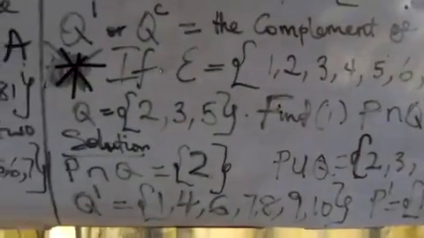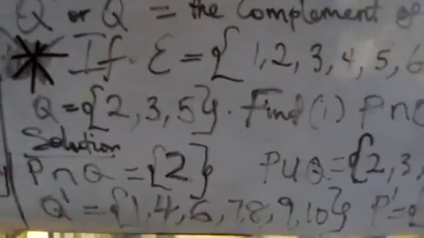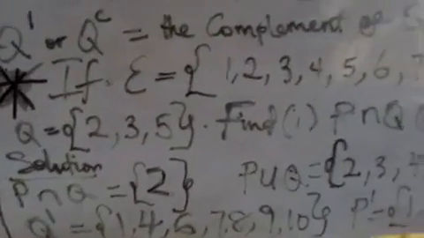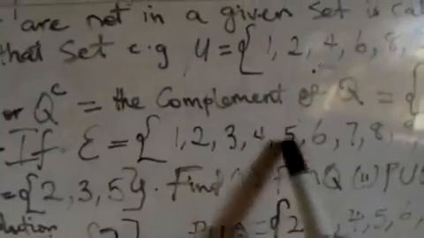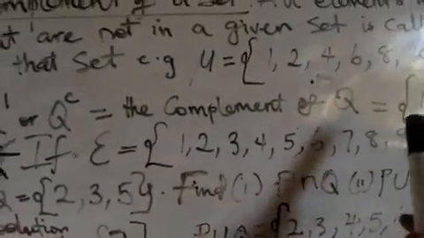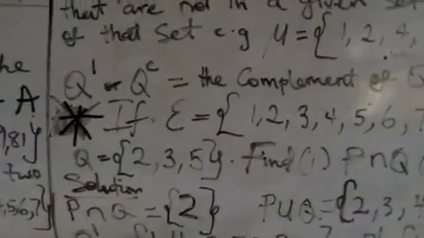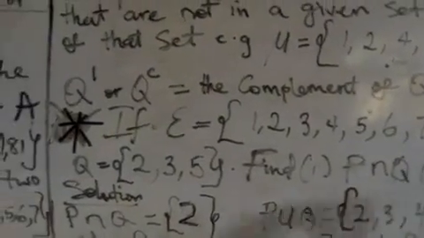P union Q. So the complement of Q: what is the universal set they gave us? The universal set is 1, 2, 3, 4, 5, 6, 7, 8, 9, 10. Now what elements are in Q? They are 2, 3, 5.